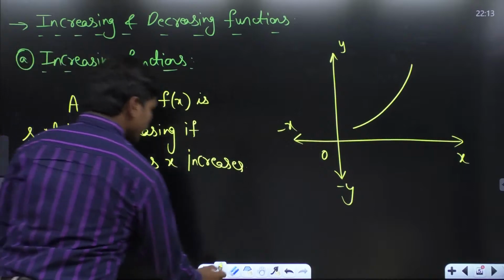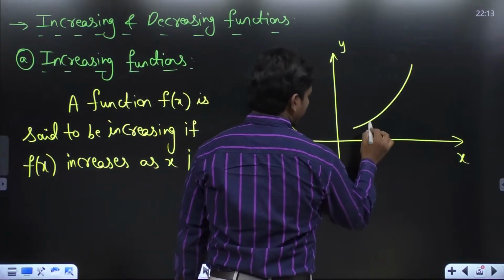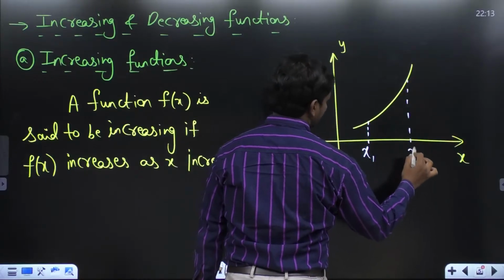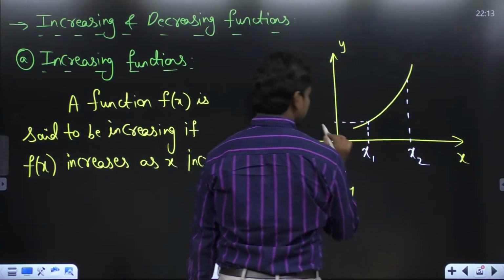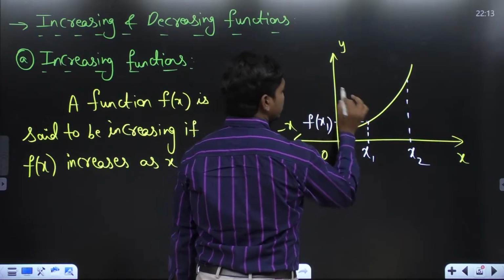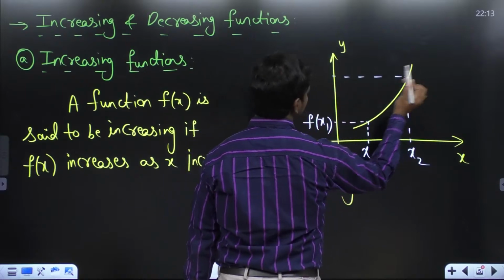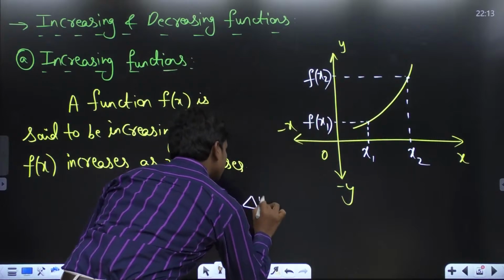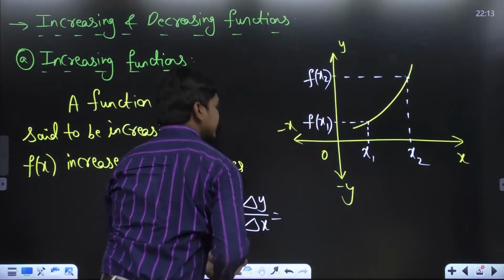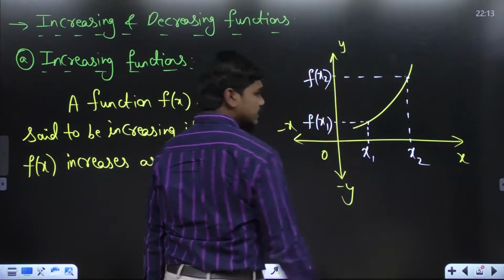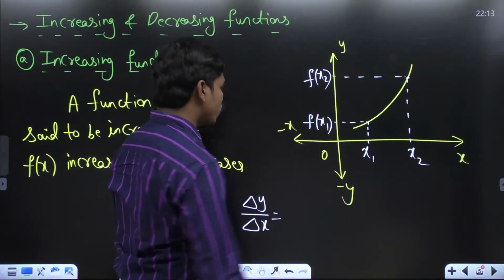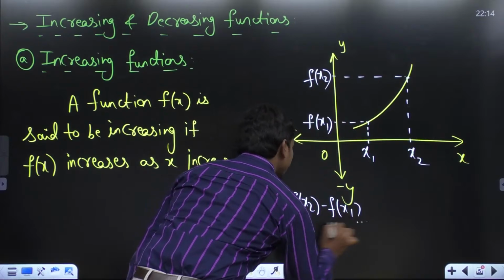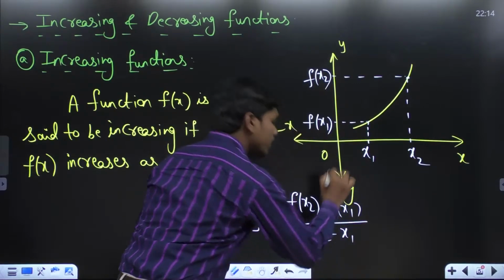Now, if I consider these points x1 and x2, this value is f of x1, and this value here is f of x2. Now if I calculate delta y by delta x, meaning for a given change in x, the corresponding change in y for this function, what could happen? It is f of x2 minus f of x1 divided by x2 minus x1, correct?